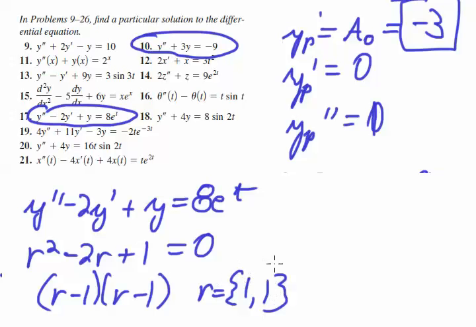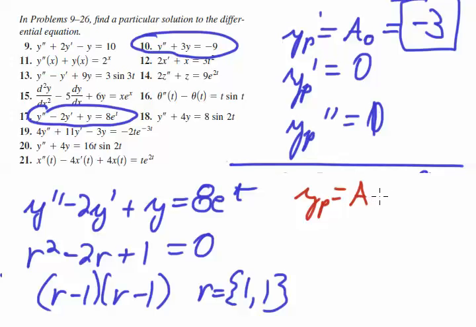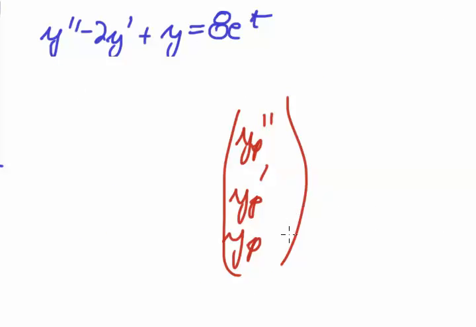Okay, so this is a double root of this thing. So ordinarily we would have said our particular solution for this problem was y sub p equals some constant a times e to the t. However, since this is a double root, we're going to have to multiply that by t squared. So y sub p is going to be a t squared e to the t.